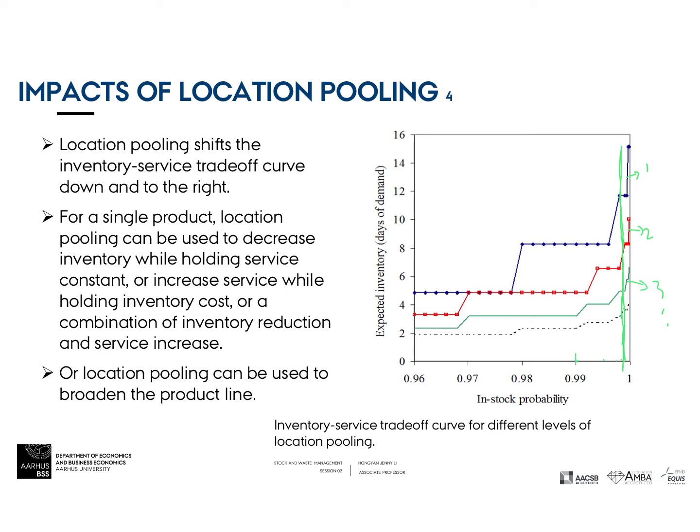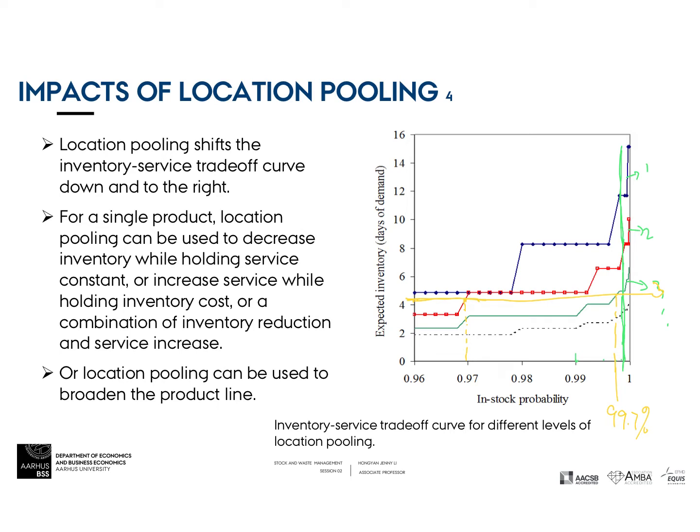And on the other hand, if you look at a given level of inventory, for example, at 4.2 days, if we draw a level line, you can see for two territories merged, you reach a 97% service level. But if you merge 3 territories, this green curve shows you reach a much higher service level.